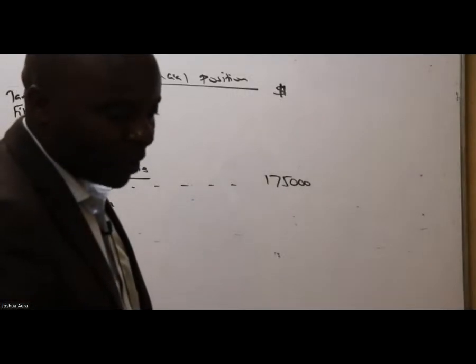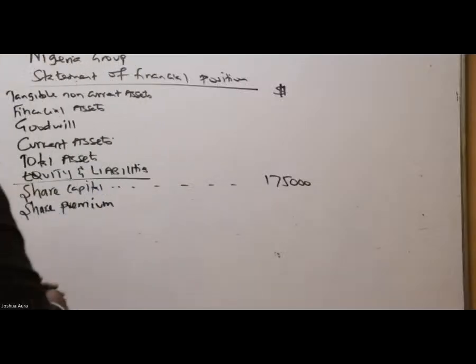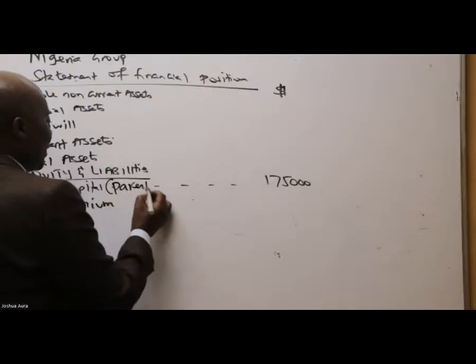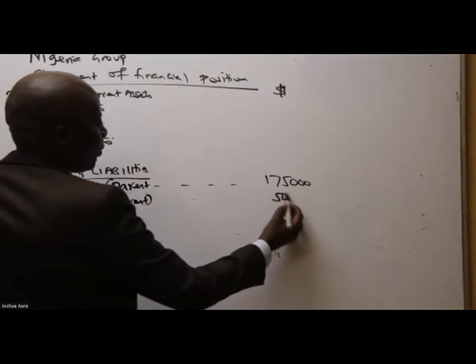You pick the one of the parent. These are the free marks I'm talking about. So share premium, 50,000. I'll pick it the way it is. The parent only. If I were you, I would have written here parent. Free marks really, 50,000.